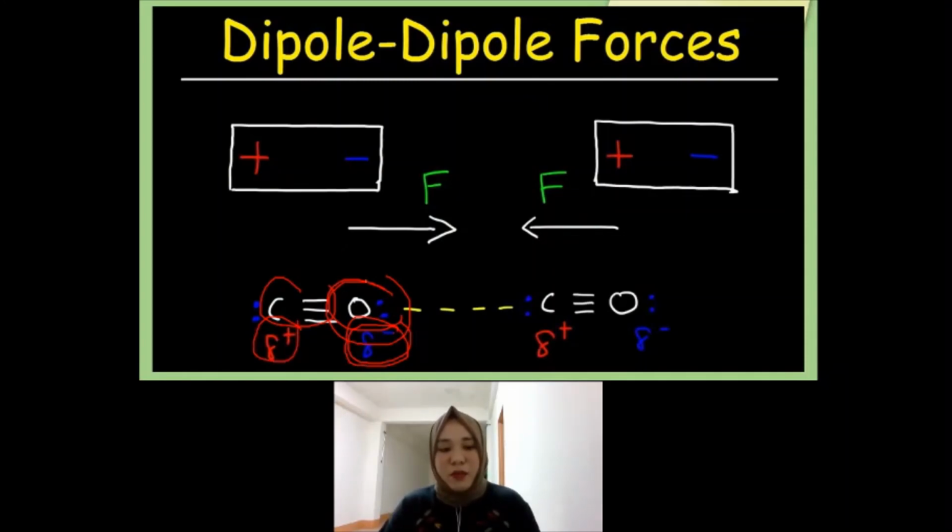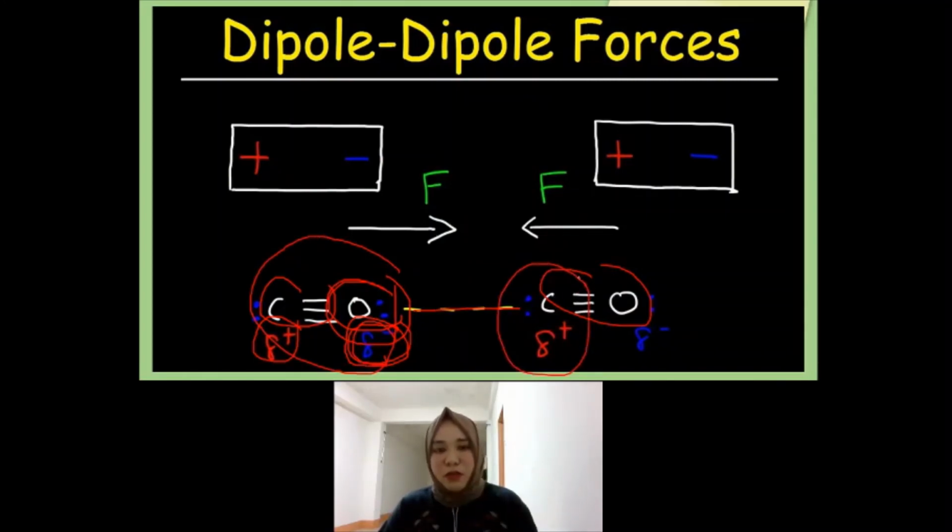So if this carbon monoxide molecule is bound to another carbon monoxide molecule, the partially negative end of this molecule is attracted to the partially positive end of the other carbon monoxide molecule. Okay? So we call that interaction dipole-dipole forces.